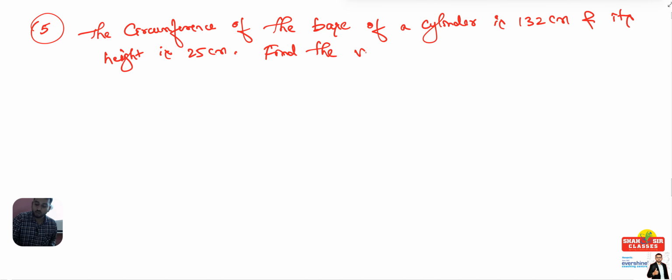Find the volume of the cylinder. You can try this sum.